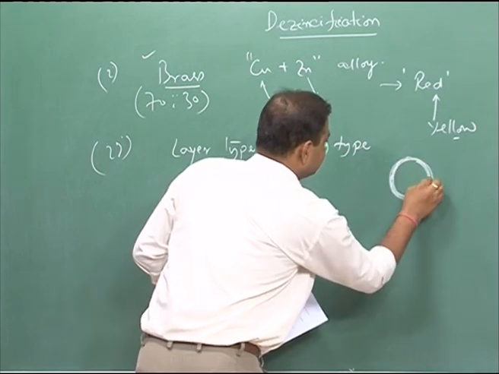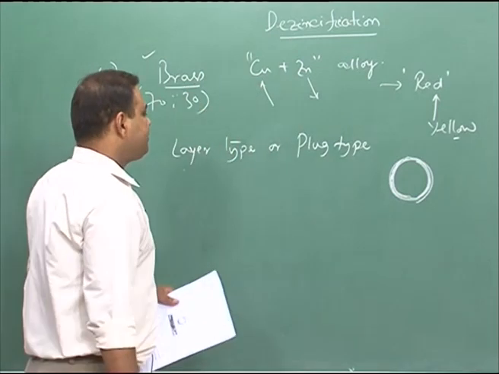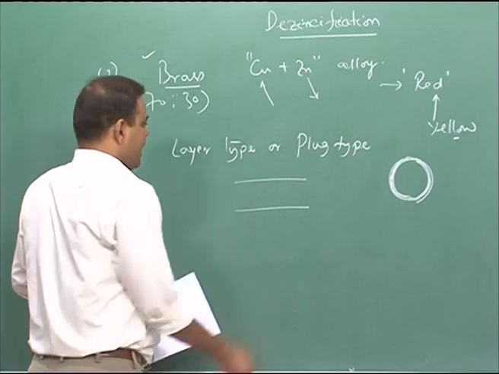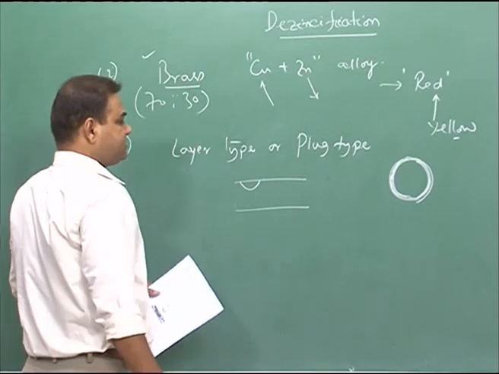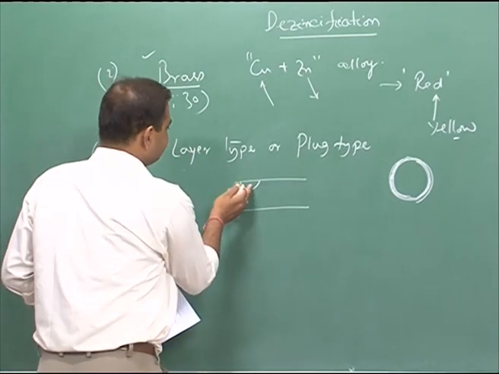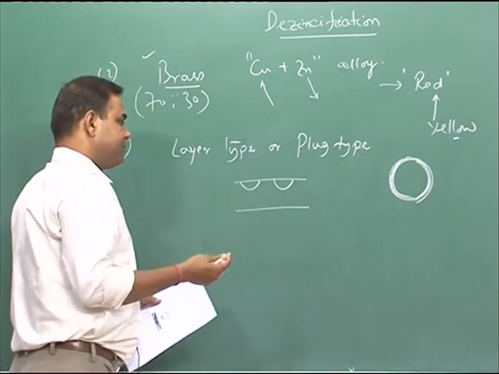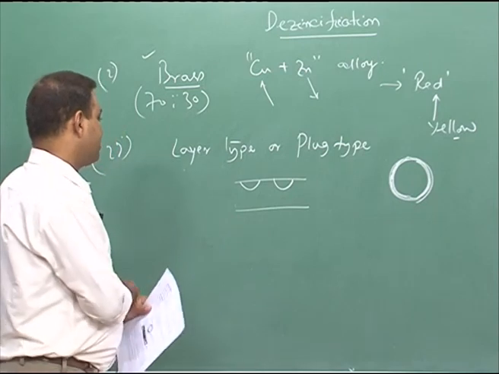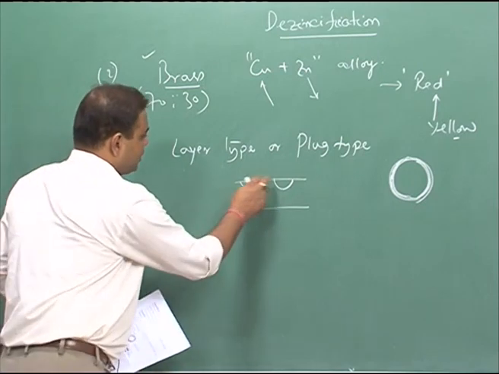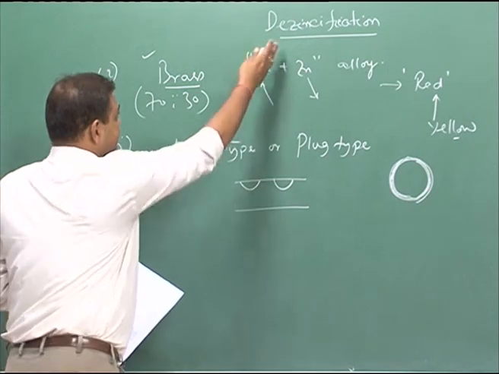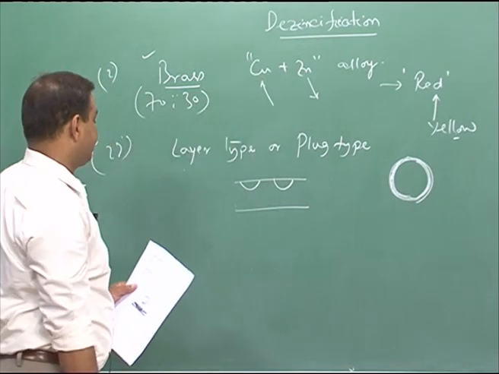This is layer type. And plug type could also happen. For example, if this is the pipeline and de-zincification happens in some portion, the rest of the portion has almost uniform corrosion, but that localized section gets de-zincification.